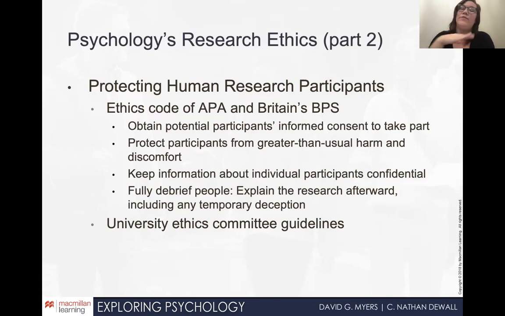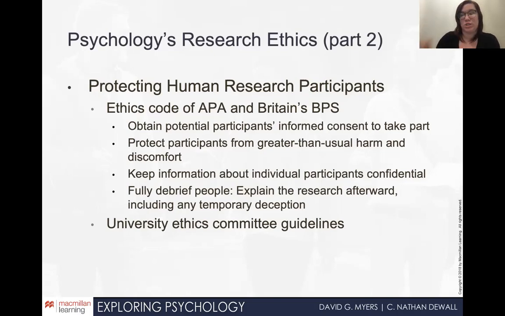And then, like I said, fully debriefing people and explaining the research afterwards, making sure they are fully caught up on what happened and what the research is being used for, and informed if there was any temporary deception. So a person should never leave a research situation, right, without being debriefed on what happened.